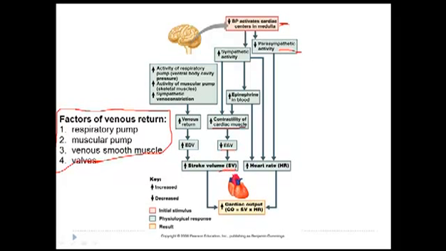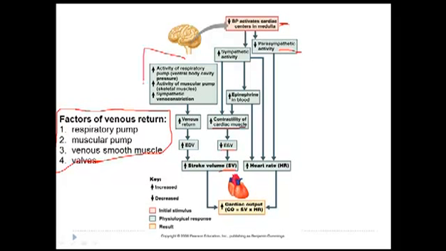To review, our end systolic volume is the amount of blood left in the ventricle after it has contracted. So if we're doing that, we're going to be pumping more blood out of the ventricle, which means we're going to be able to get more blood to the tissues.